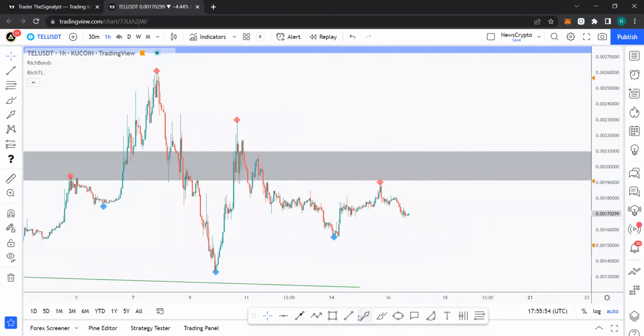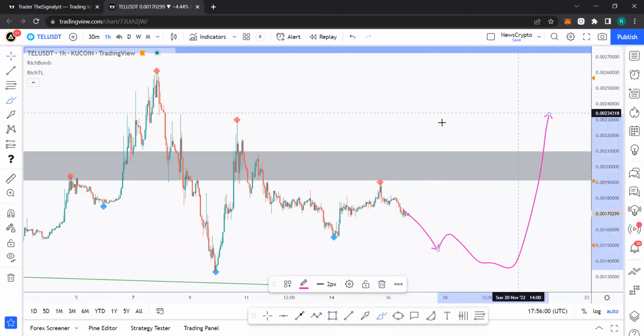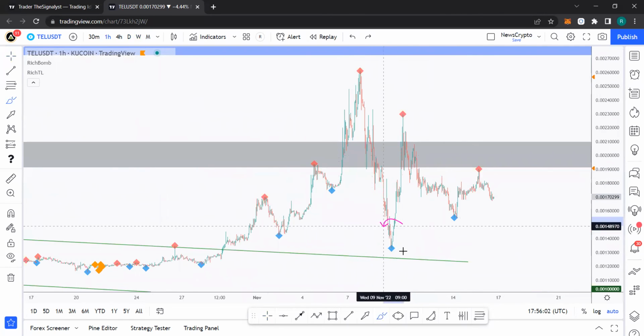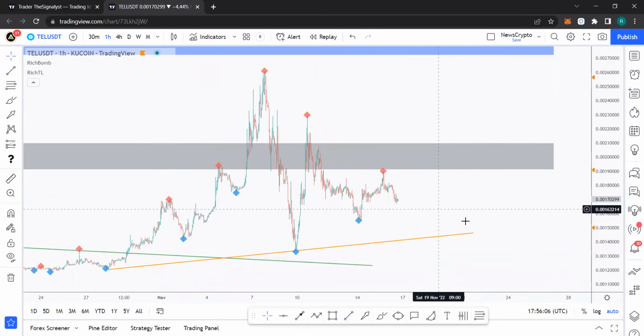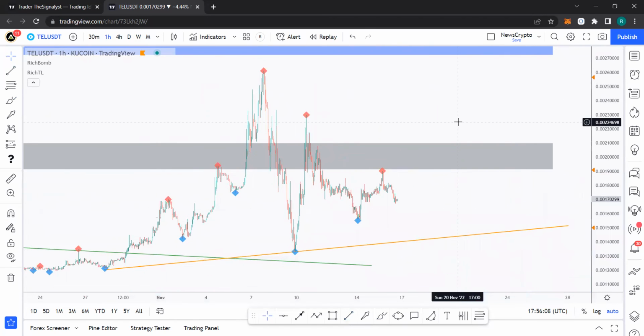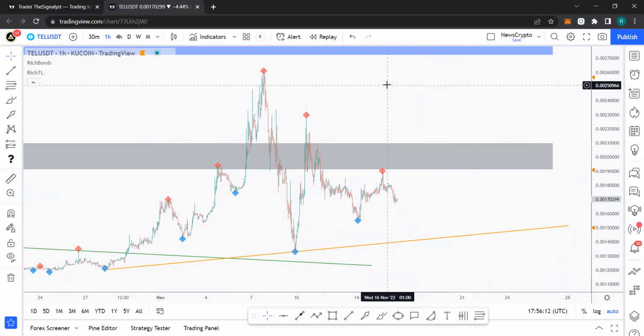Now for the bulls to take over again, I want to see a break above this high. Meanwhile, if we trade lower, I'll be looking for buy stops here around the lower bound, which is also a demand zone now, and you can also draw a channel or a trend line like this.